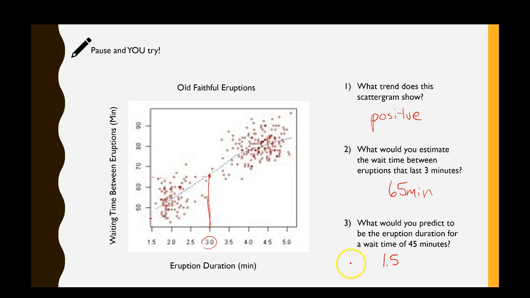So you could have said anywhere from 1.2 to 1.5, roughly, give or take. But we could continue this trend to figure out where would that fall, and it would actually fall right a little below that. Okay, so we can use that same idea as the bar graph, using the X and the Y to make these predictions, as well as knowing the trend that a scattergram shows. Very good.